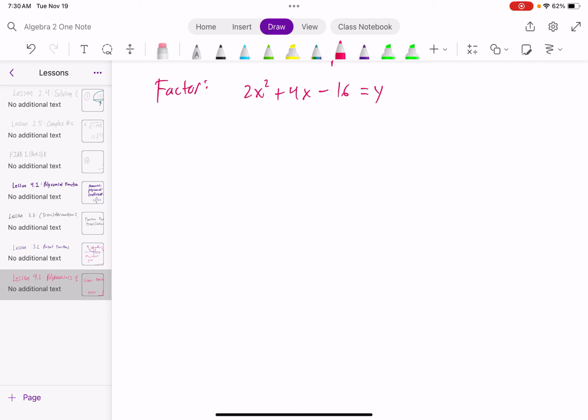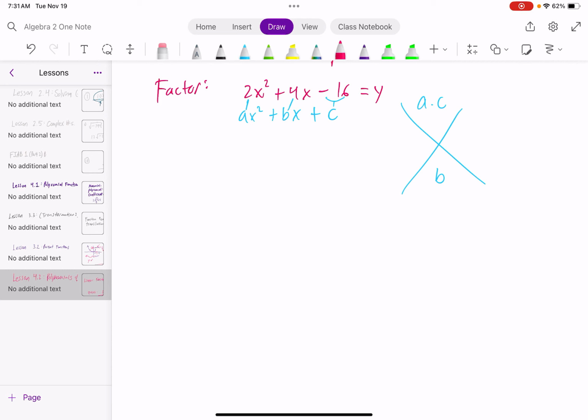So we'll do this normal. This is in the format of ax squared plus bx plus c. As you can see, 2 is a, 4 is b, and -16 is c. And you know you will have an x with an a times c over b.